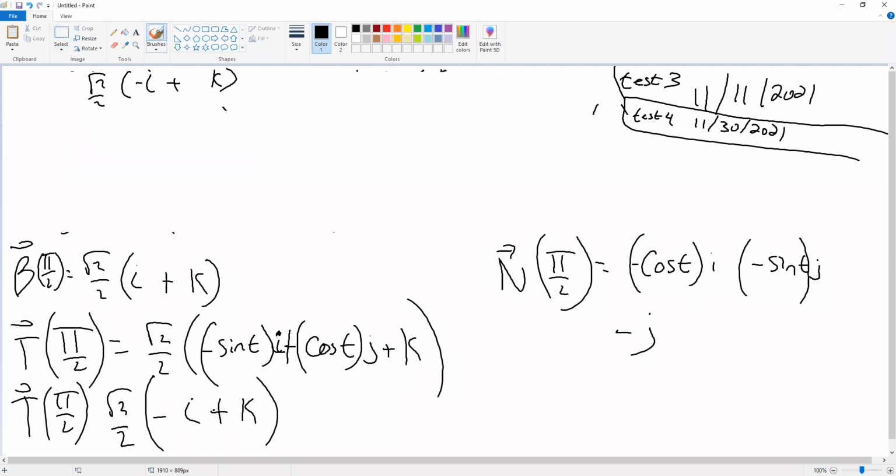Should just be minus J, √2/2 I plus. This is T. That's pi/2. And this is the N at pi/2. I can't even write today. And then B at pi/2.